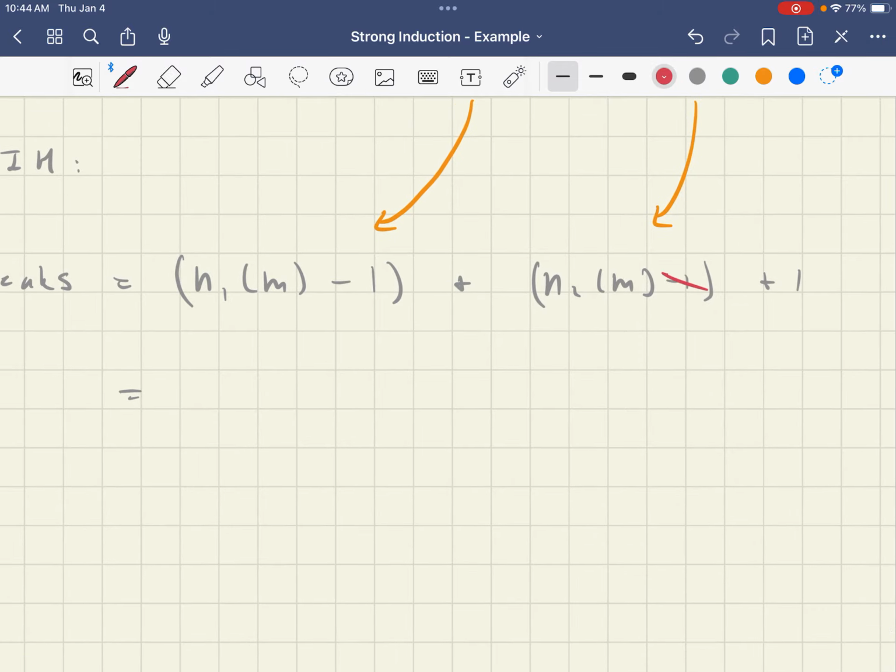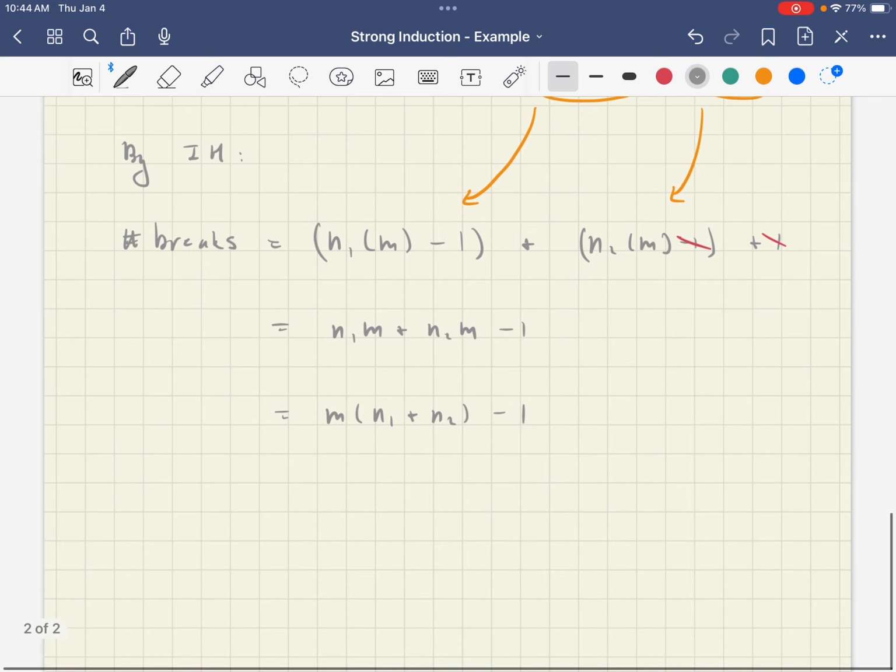So this minus 1 and this plus 1 cancel out, so we're left with a minus 1. And then we get n1 times m plus n2 times m. I see some potential for simplification, so we're factoring here, and then minus 1. I'm going to take the m out, then we get m times n1 plus n2 minus 1.